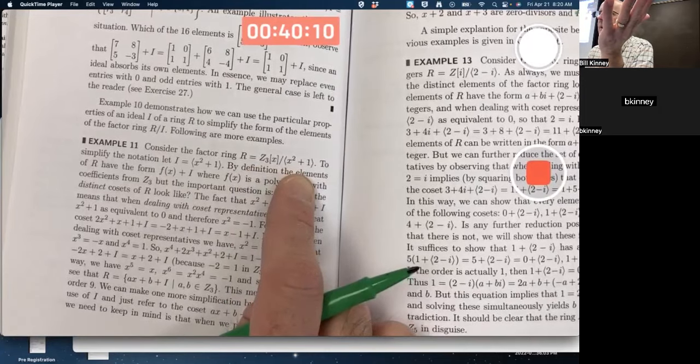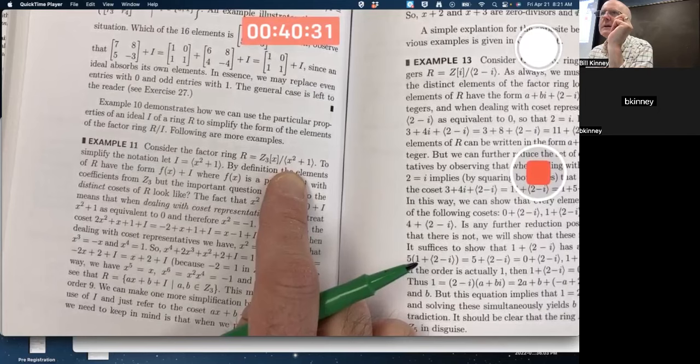The elements of Z3 are 0, 1, and 2. 0 is not a root: 0 squared plus 1 is 1, not 0 mod 3. 1 is not a root: 1 squared plus 1 is 2, not 0 mod 3. 2 is not a root: 2 squared plus 1 is 5, which mod 3 is 2, not 0. So 0, 1, and 2, the elements of Z3, are not roots of x squared plus 1.